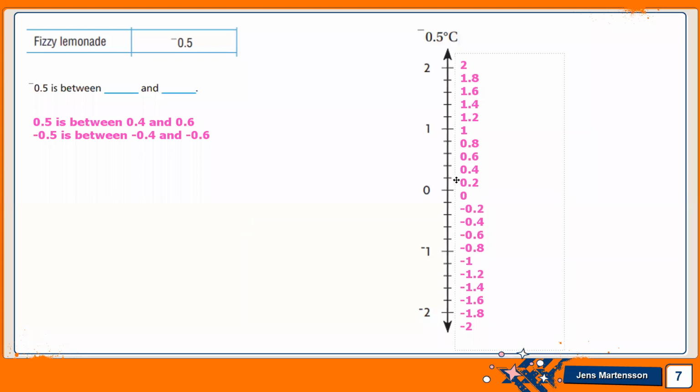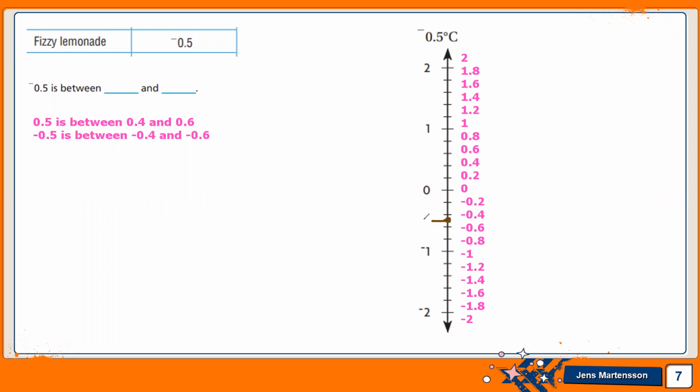Between negative 0.4 and negative 0.6. So here is the negative 0.5. Thank you, Jumana.